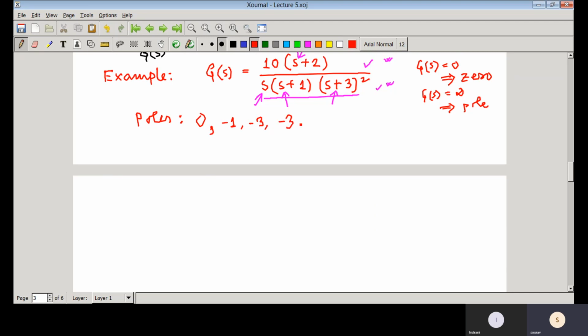So these poles are all finite poles, and in case of zeros, you can see that one zero is at minus 2, so this is a finite zero, and the other zeros are at infinity.